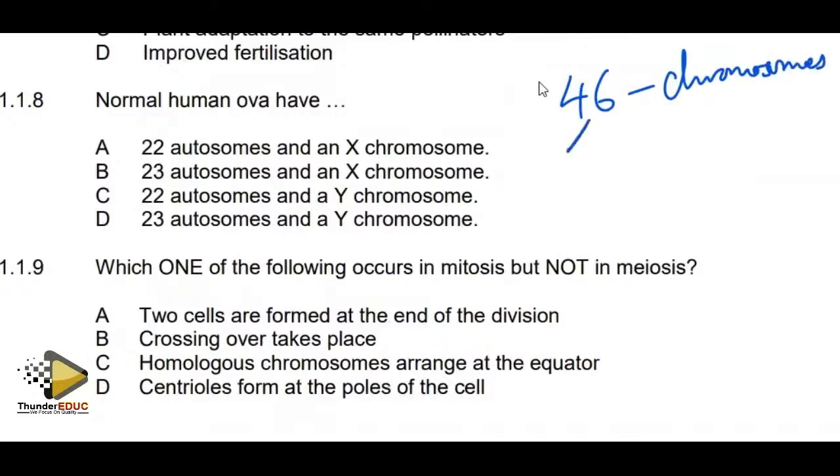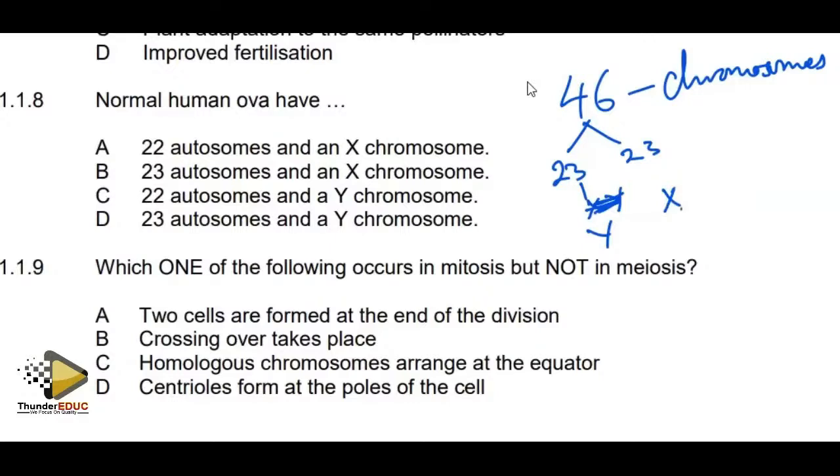Yes, but each ova or sperm has half of the chromosome number, so it means that it has 23. But among these 23, if it is a male, it's going to have Y, and if it is a female, it's going to have X.